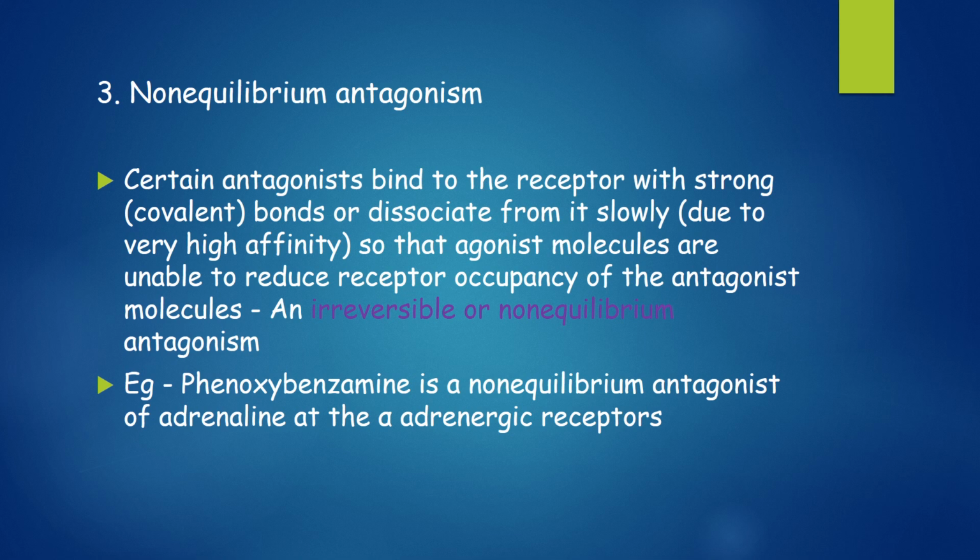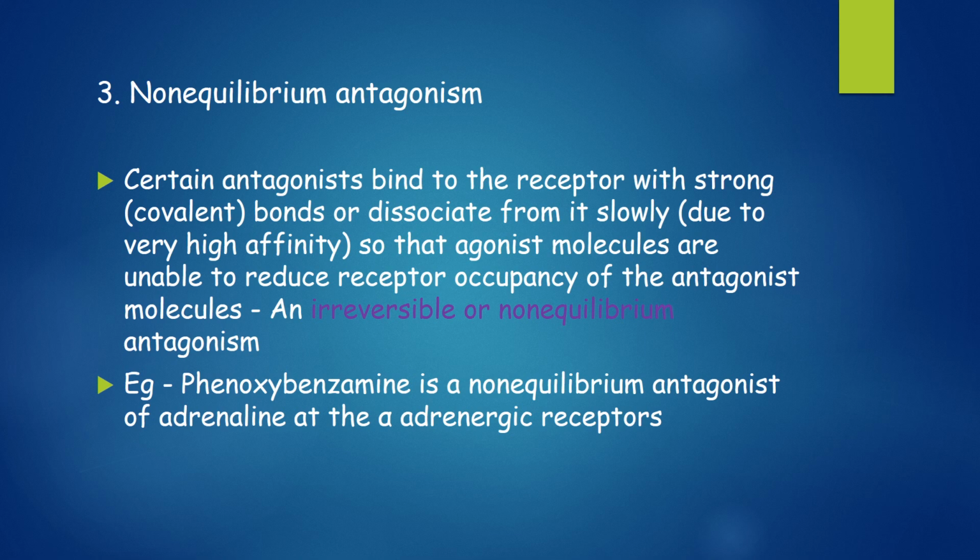Certain antagonists bind to the receptor with strong bonds, covalent bonds, or dissociate from it slowly due to very high affinity. So some antagonistic drugs have a higher affinity towards the receptor than the agonist. When they are attached to the receptors, they dissociate very slowly.